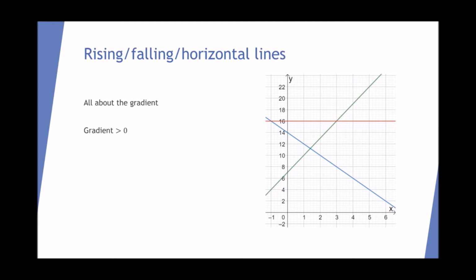So our graph must go up, must be rising. So in this case, that would be for the green line. Conversely, if our gradient is smaller than 0, maybe -5, then we are subtracting something every step. So our graph goes down, it is a falling line. So that would be the blue line.